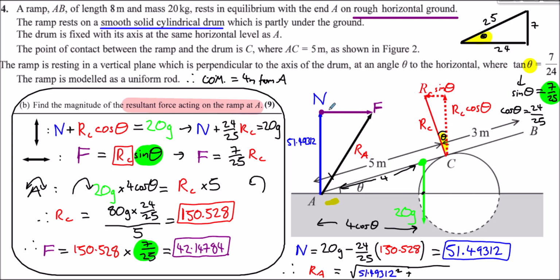So F, the magnitude of F we worked out was 42.14784. So it's also that. And squared. So just type it in very, very carefully into your calculator.